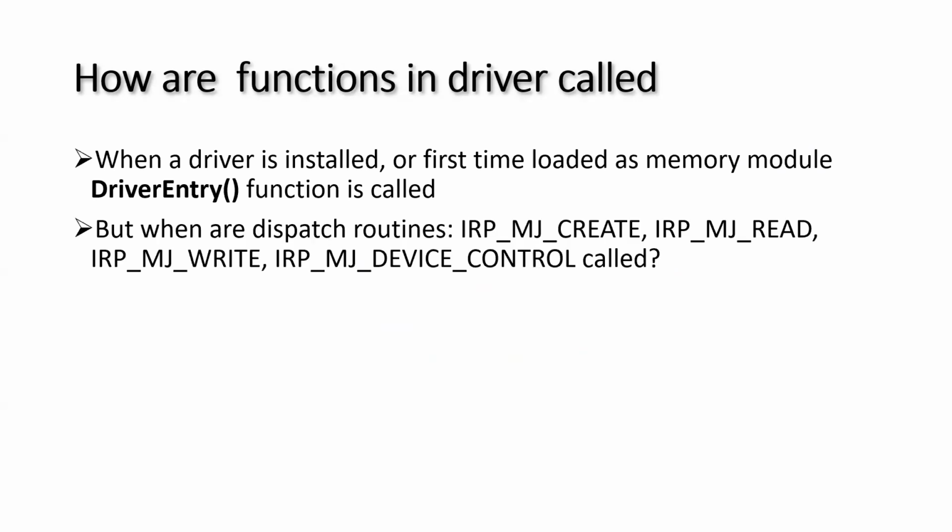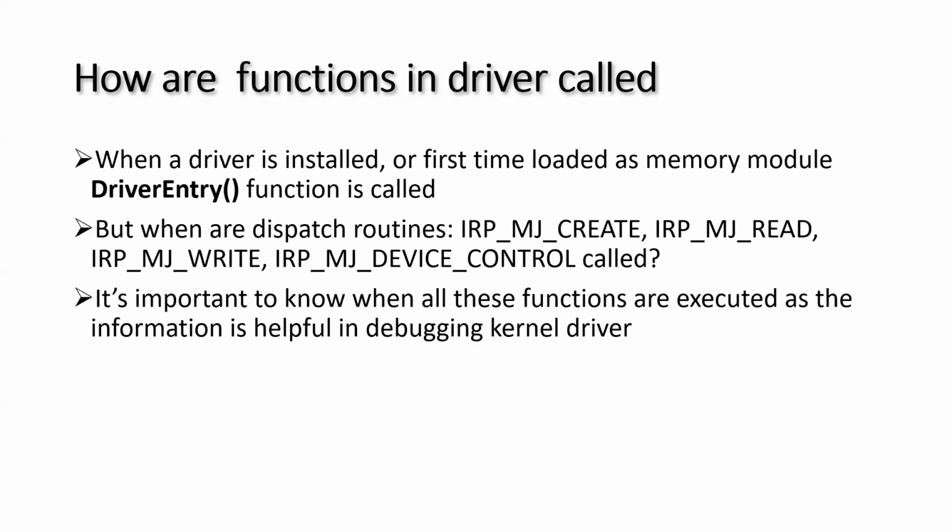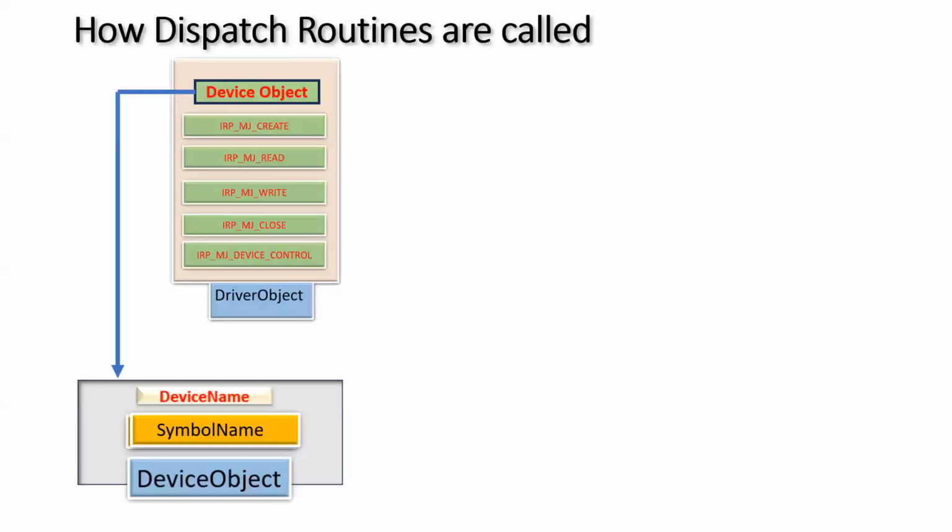But when are the dispatch routines called? IRP_MJ_CREATE, IRP_MJ_READ, IRP_MJ_DEVICE_CONTROL, how and when are they called? We need to understand this because, suppose you want to debug a kernel driver, understanding when these functions are called is very important.